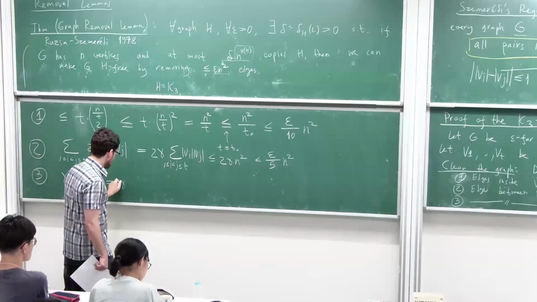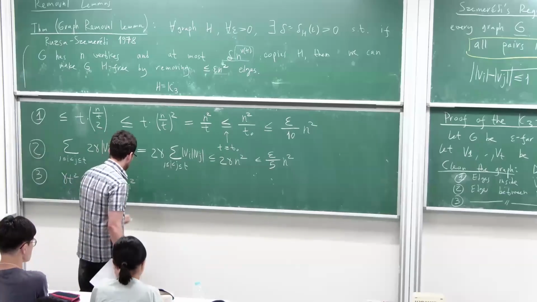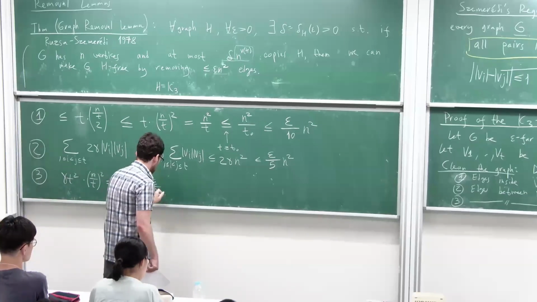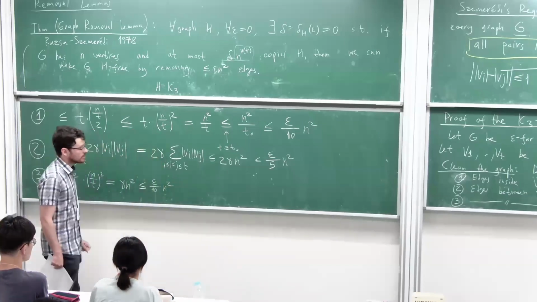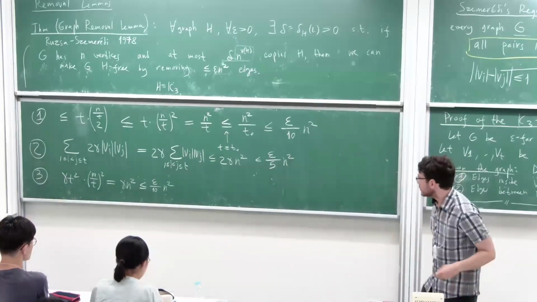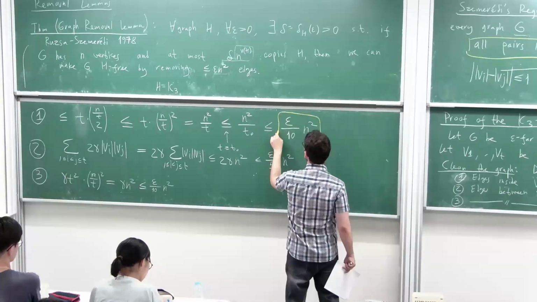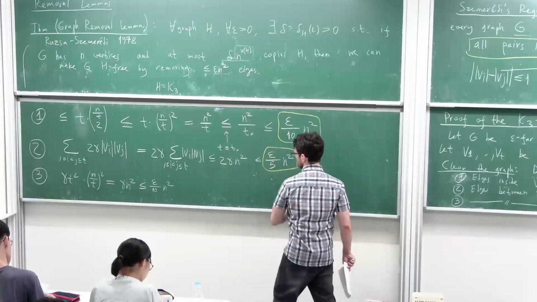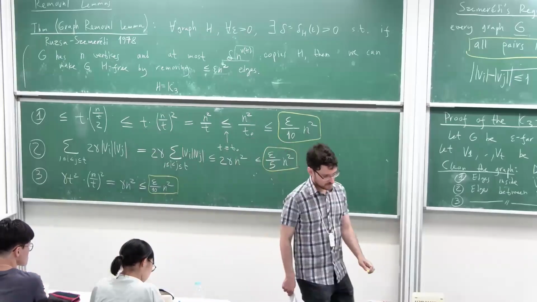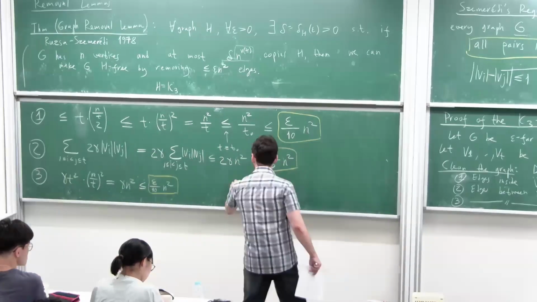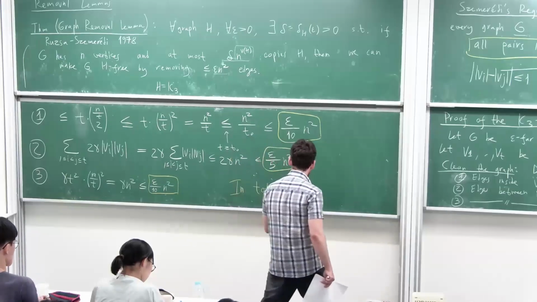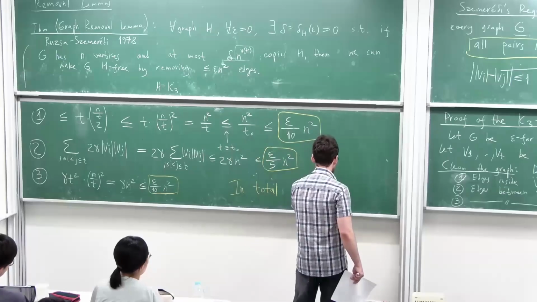So this is gamma, but also at most epsilon over n. So in total, we see that we deleted less than epsilon n edges.